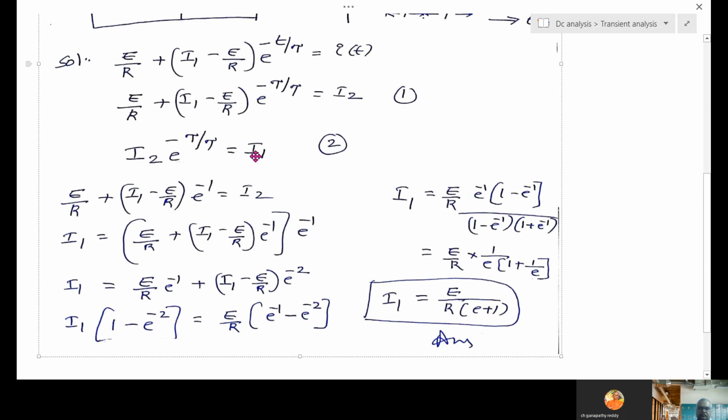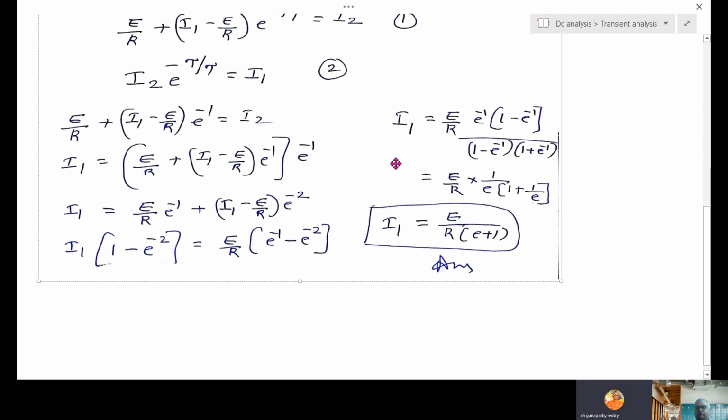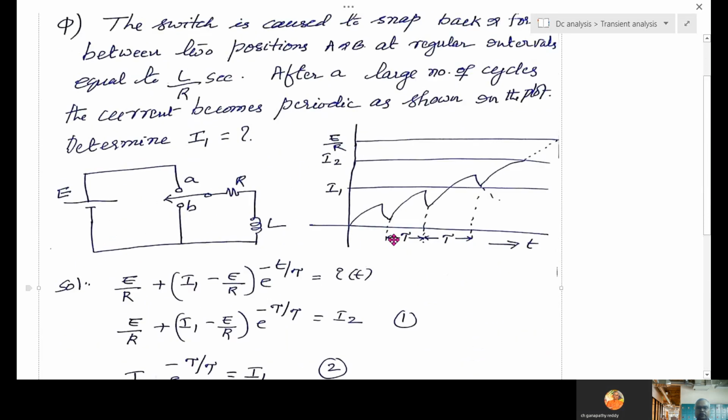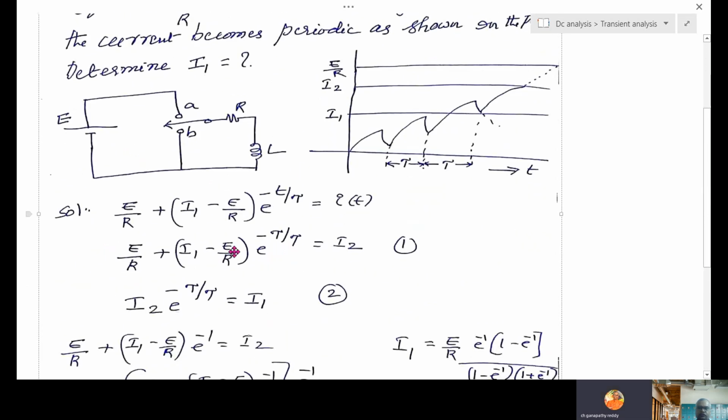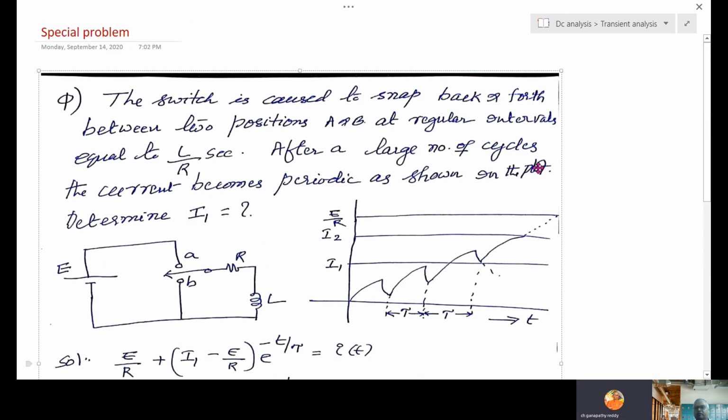So this I2 is replaced with I1 e power 1 when it is coming this side. Then solve, simplify the equation. So these two steps are important, critical problem.